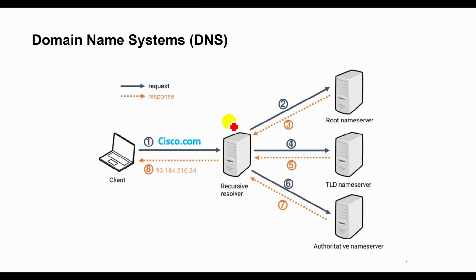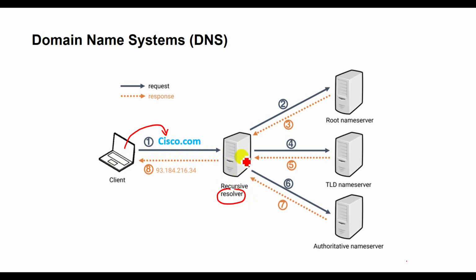Okay, to clarify with more details, let's examine the steps that DNS takes. When you type in cisco.com in your web browser, and if your web browser or operating system cannot find the IP address in its own cache memory, it will send a query to the next level called the resolver server.